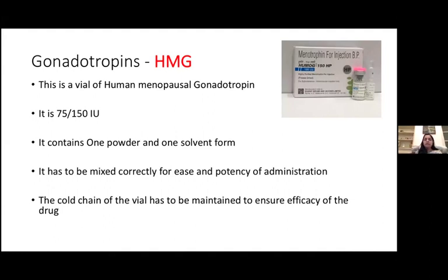And the most important point is, for all the drugs in infertility, every injectable drug, you need to maintain a cold chain because it will ensure efficacy of the drug. So what do you do basically when you give the patient the drug? Say I gave the patient 150 units of HMG today.